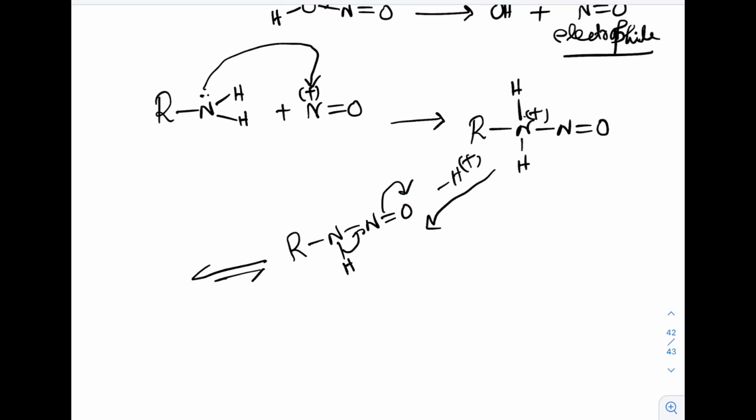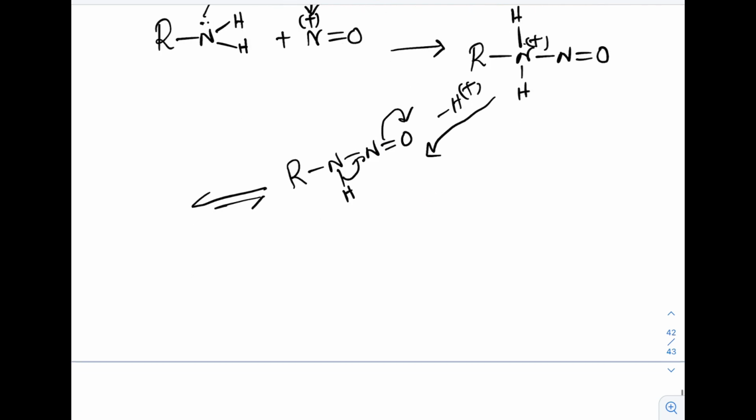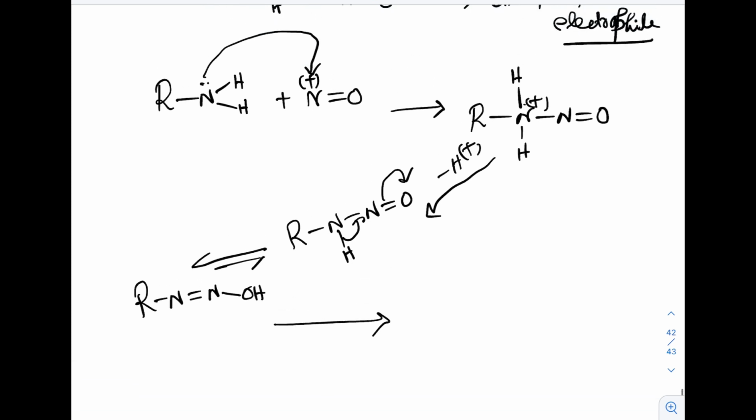So what will be the final tautomeric form? That is R N double bond N and OH. Well, now it is happening in acidic medium, because initially we have added dilute HCl.